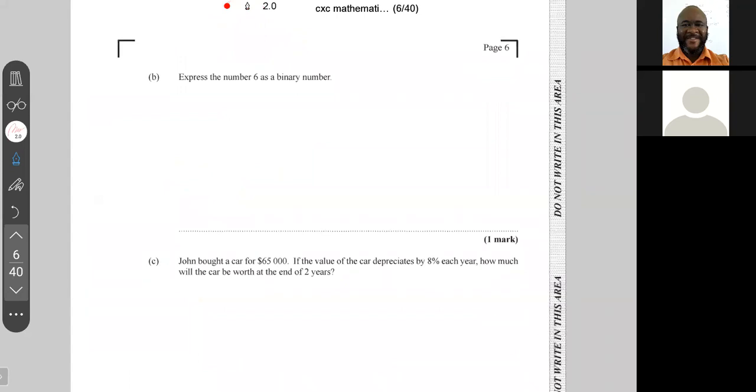All right, this says express the number 6 as a binary number. So this is how we do that. We're going to divide 6 by 2, and we're going to put the remainder to the right.